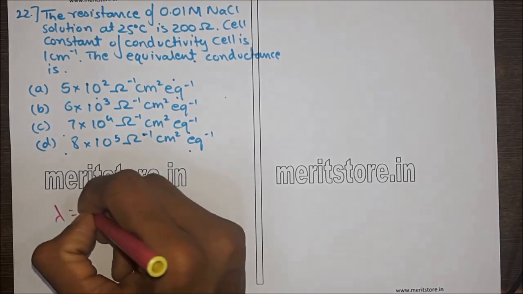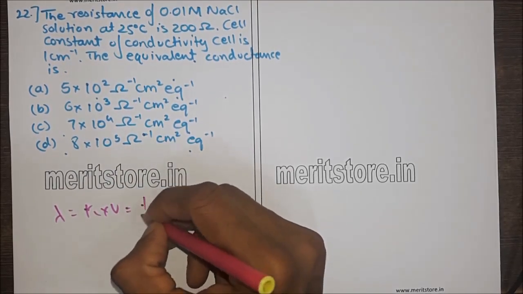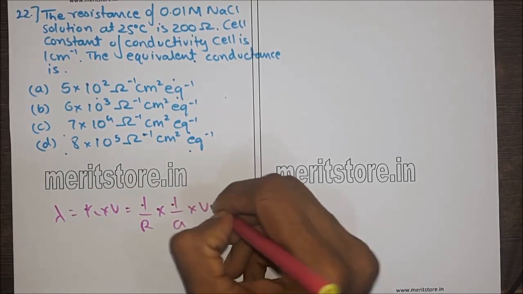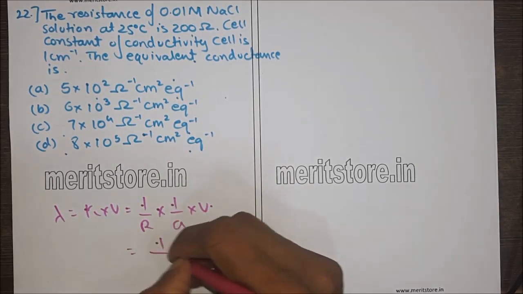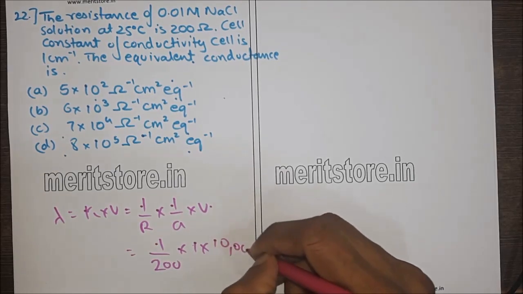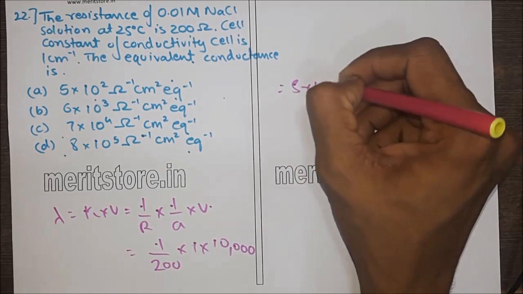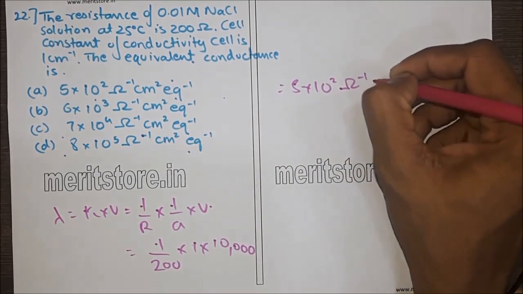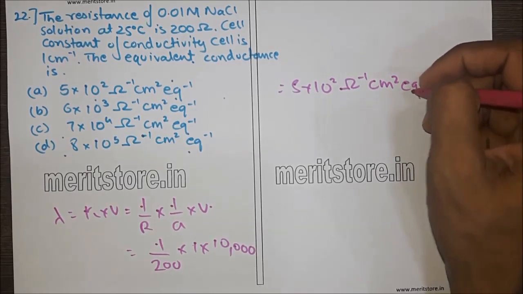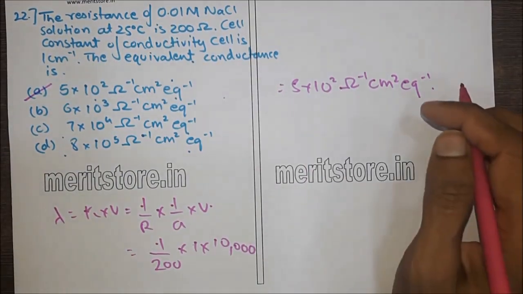We have lambda is equal to K into V, where we substitute the value of K, that is 1 upon R into l upon A into V, which is equal to 1 upon 200 into 1 into 10,000. Further solving, we get 5 into 10 raised to 2 per ohm centimeter square, which matches option A. Therefore option A is the correct answer.